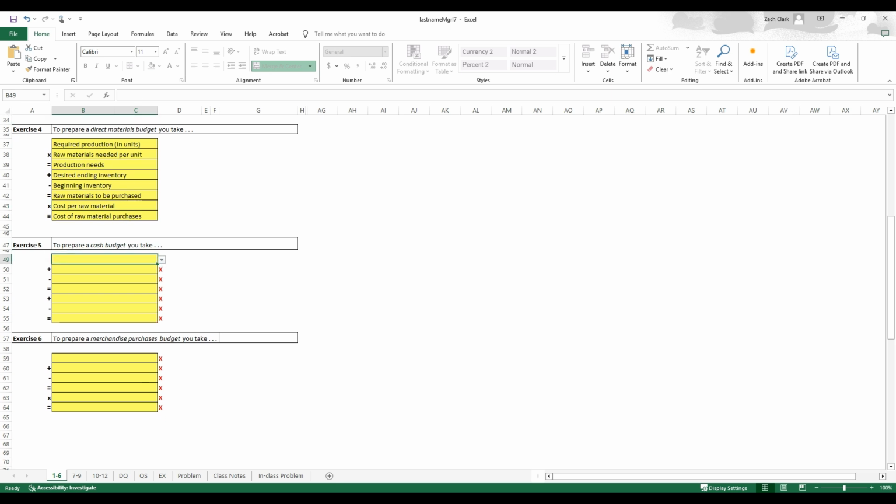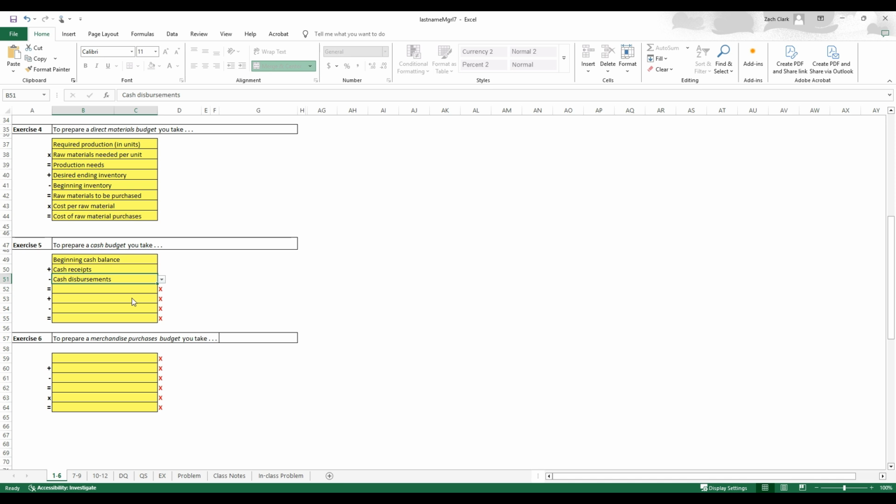Okay, to prepare a cash budget, we're going to want to figure out our beginning cash balance to start. We're going to add in our cash inflows or our receipts.